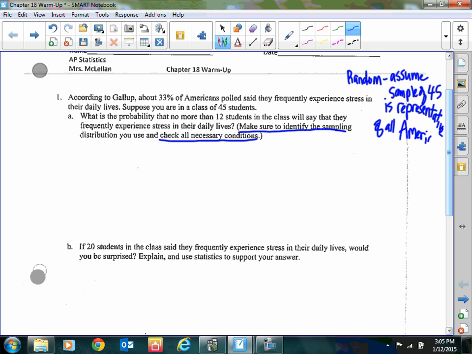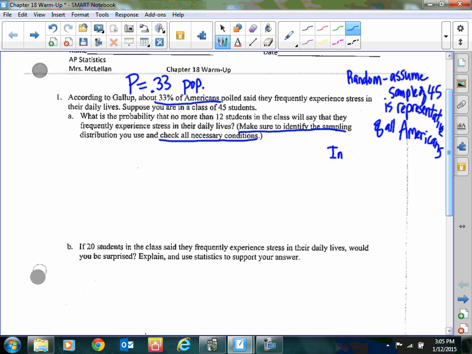Okay, because it looks like, according to this, when it says 33% of Americans, it looks like the population is Americans. So therefore, the P, the population proportion of Americans that say they experience stress is 33%. Okay, all right. So next is independent.